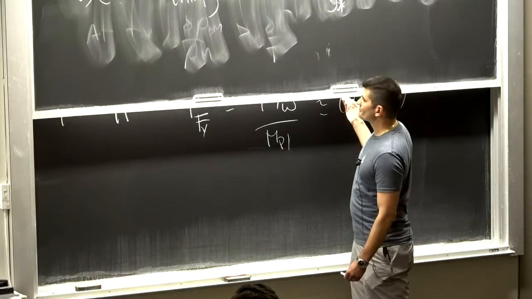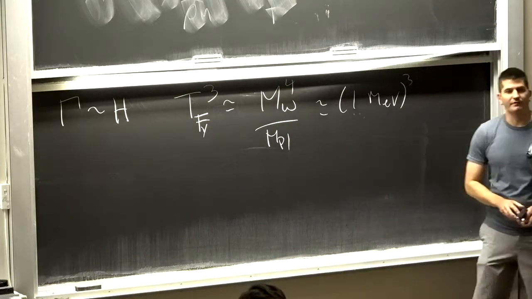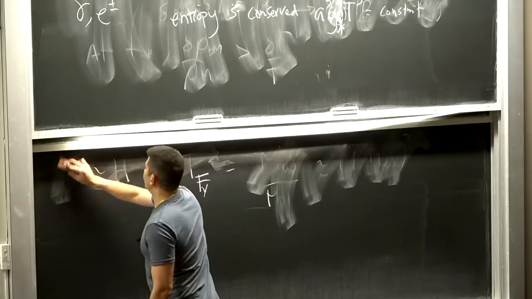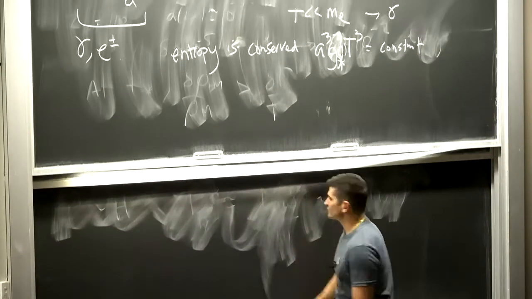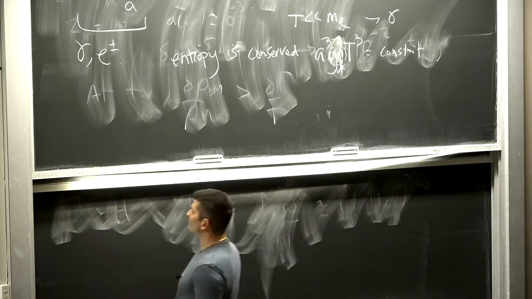Okay, so we can use that to calculate the temperature of the neutrinos. All we have to do is calculate this entropy and make sure that it's equal at the two times. So let's start before decoupling.